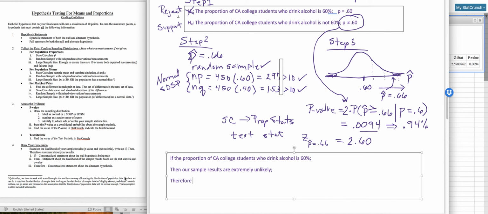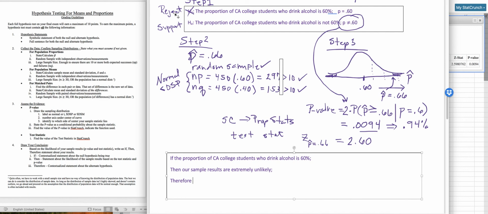Therefore, our therefore statement is always talking about the alternate hypothesis. And when I'm talking about these statements being contextualized, I mean that you have to talk about the data and the populations that you have at hand. You don't want to just say, therefore I support HA. That is not in the context of this particular hypothesis test that we're doing.